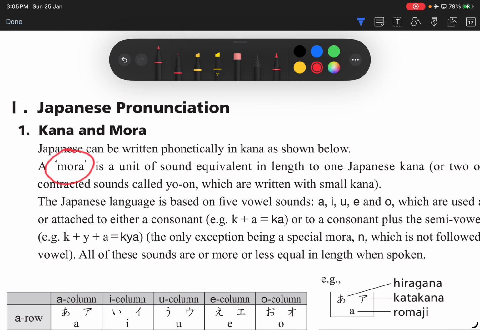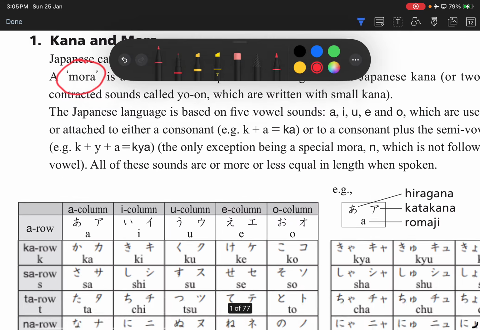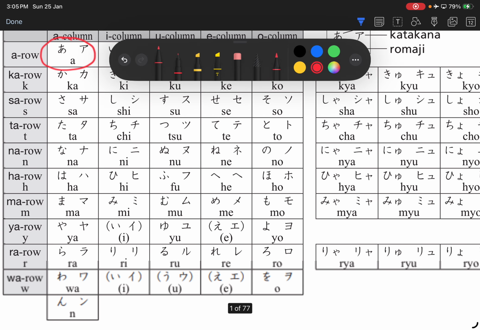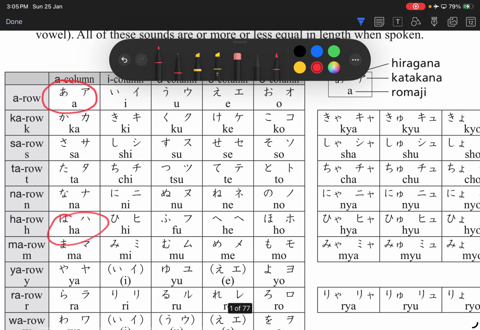In Japanese, one syllable. For example, we use the table below. The first one is just 1 breath. No matter what we change it to, for example, we change it to ha, ha is also still 1 breath, right? We say it as 1 letter by itself. So this is what we call 1 mora, which means we say it as 1 letter by itself.